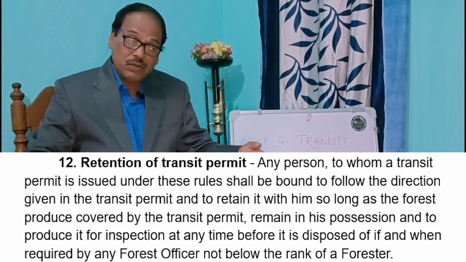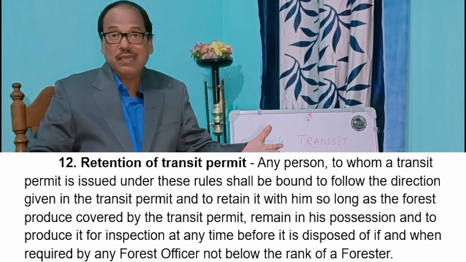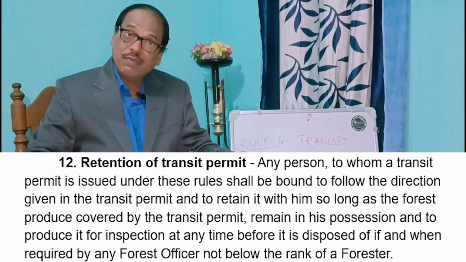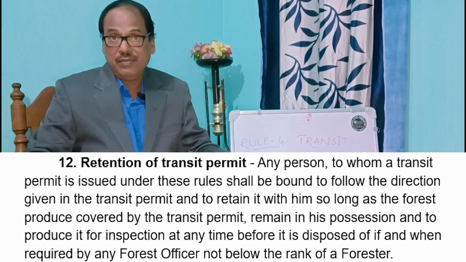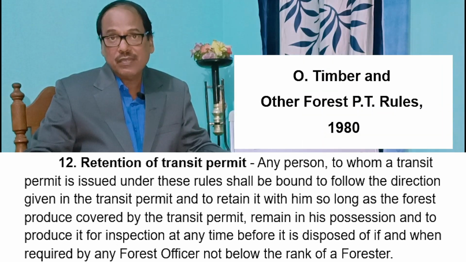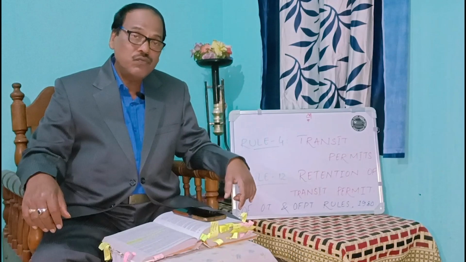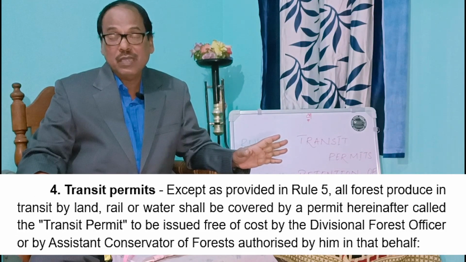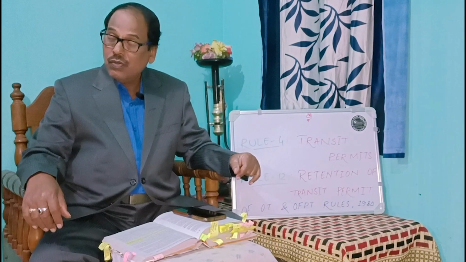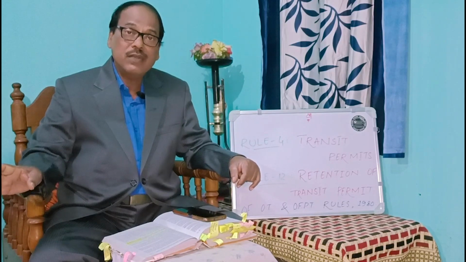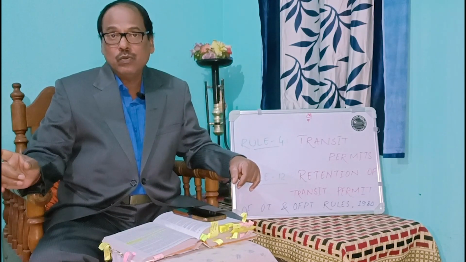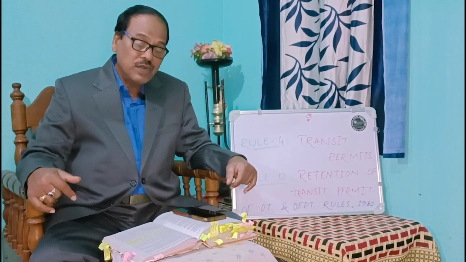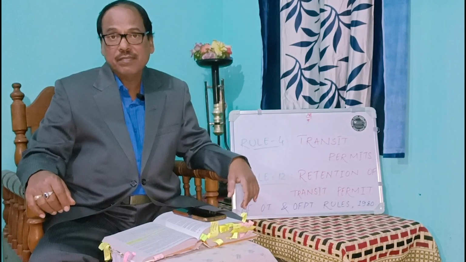That means when the forester demands to see the transit permit, if the person could not show it, that is violation of Rule 12 of the OT and OFPT rules, and Rule 4, because he has no transit permit with him. So violation of Rules 4 and 12 leads to penalty under Rule 21 of these OT and OFPT rules.